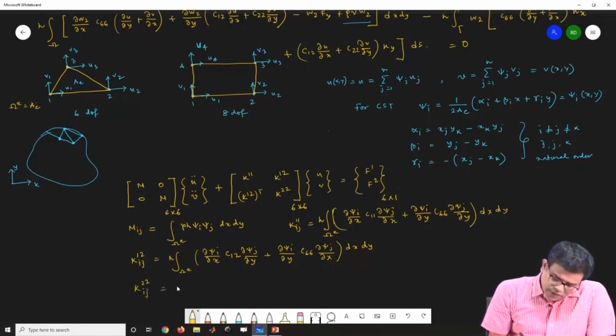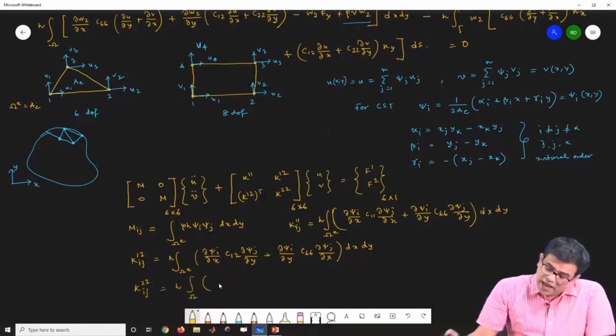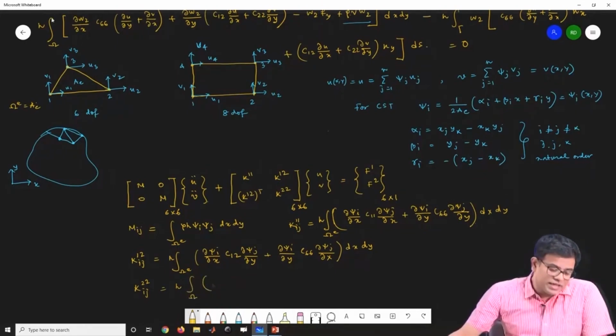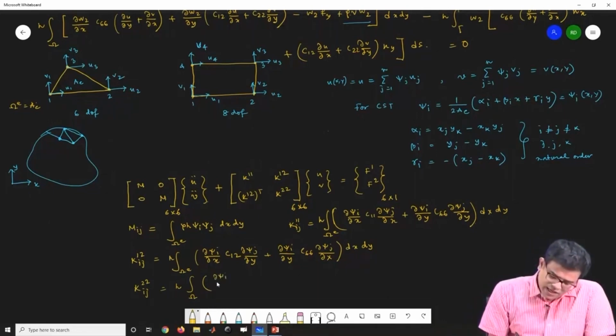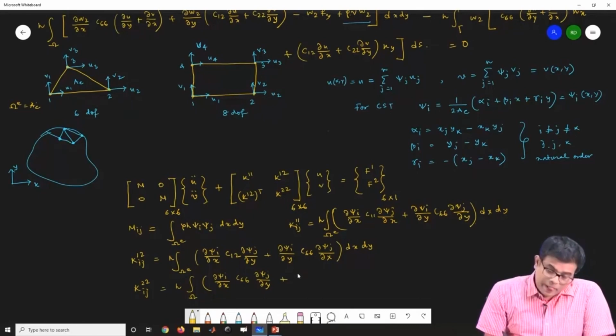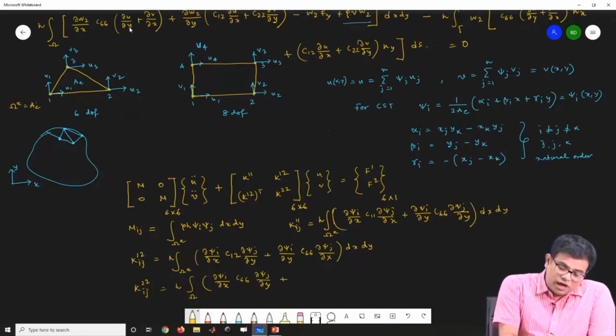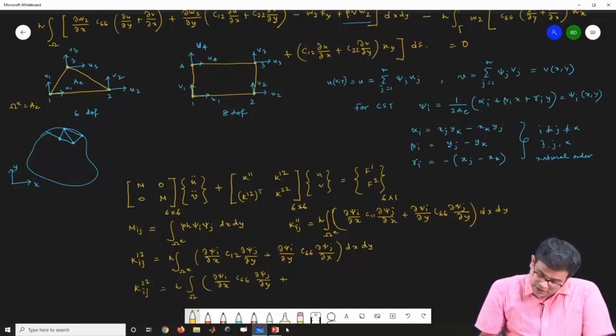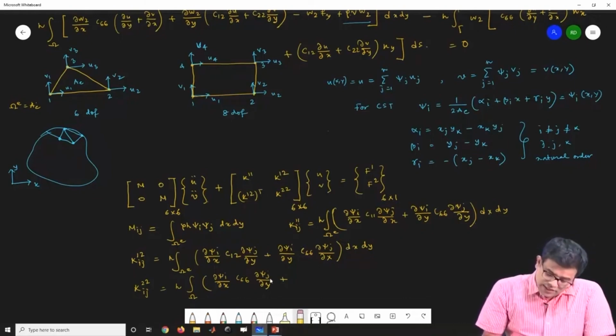So, k22 ij will have again h multiplied, and then over omega e, we will have these two terms, that is del psi I by del x into C66 del psi j del x, because it is the y term, del x term.